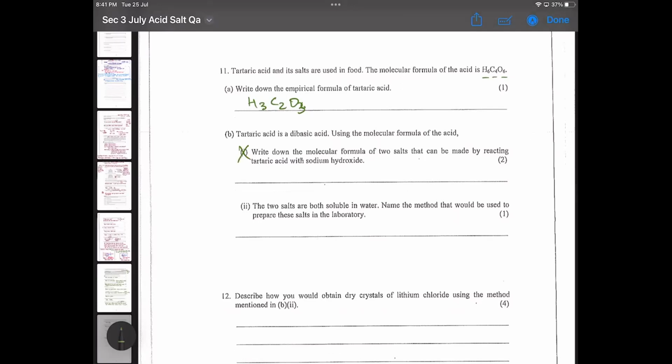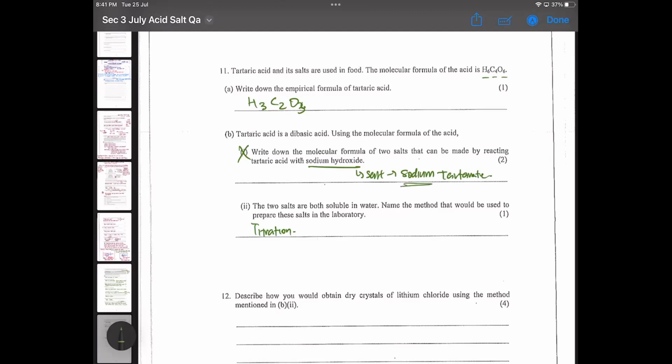So for group 1 salts, how do I know it's a group 1 salt? Because it's sodium, right? So for sodium, sodium salts form. In this case, this is tartaric acid, so the salt formed we call sodium tartrate.